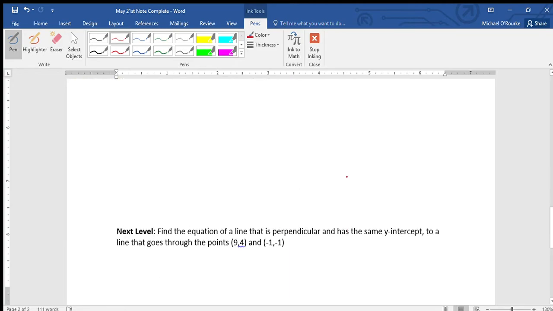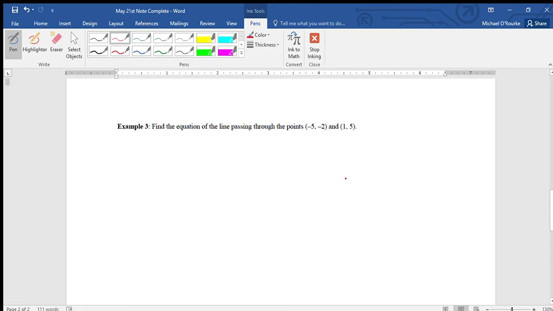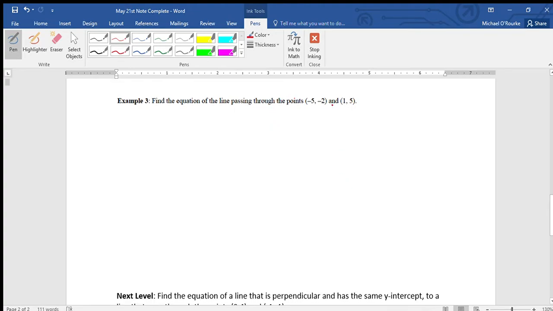I have 2 more questions. So find the equation passing through this. We're doing the exact same steps as before. So x1, y1, x2, y2. So y2 minus y1 over x2 minus x1. Let's plug in our numbers.